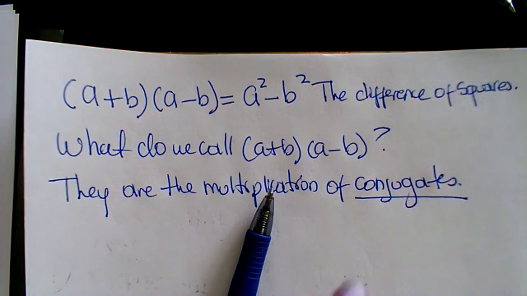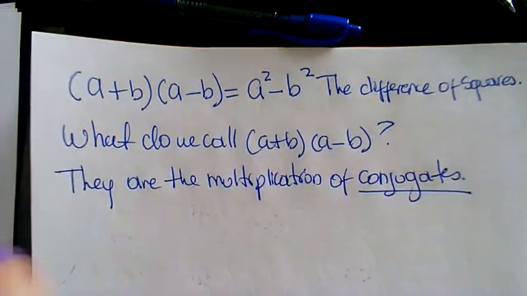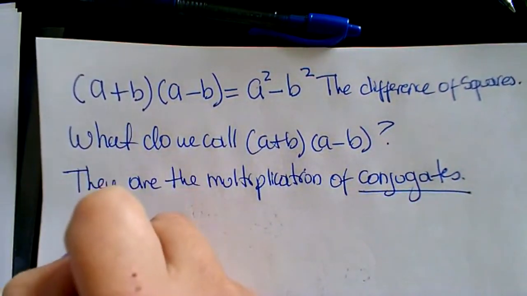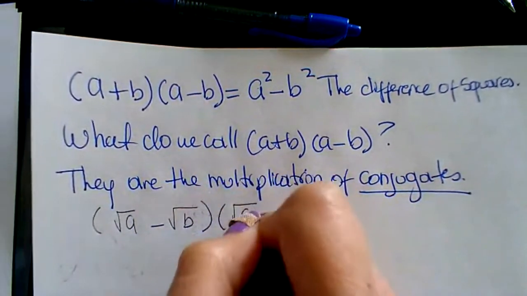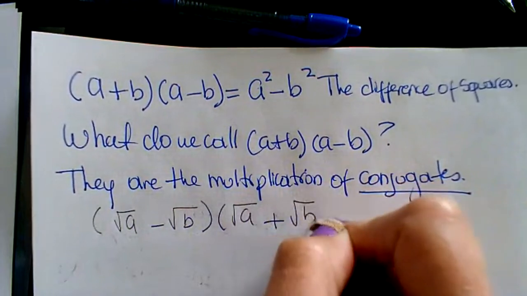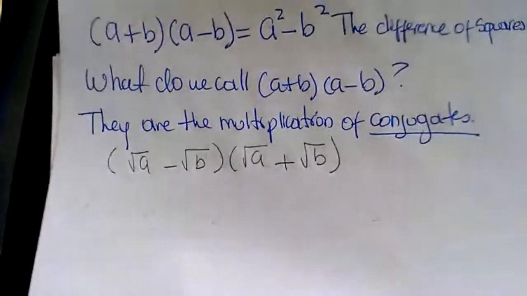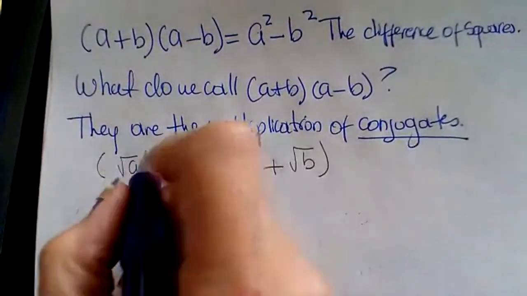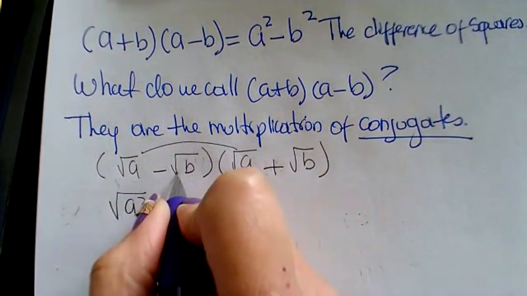So now, what happened when we multiplied these conjugates? Let's see what happens. So hold on. We will do a square root of a minus a square root of b times a square root of a plus a square root of b. And we're going to multiply them and see what happens, all right? So the first one, that will be a squared.